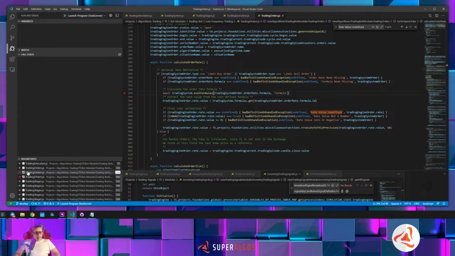So we will remove all the debug breakpoints.